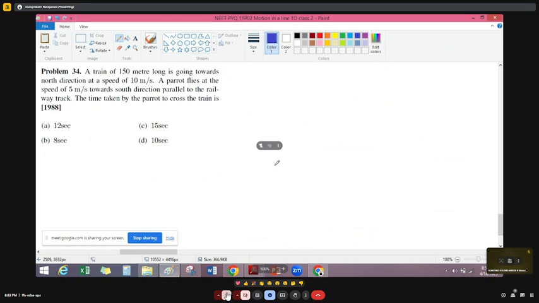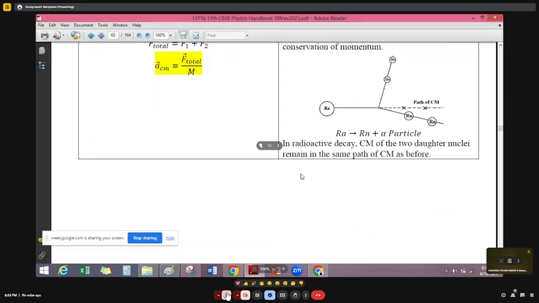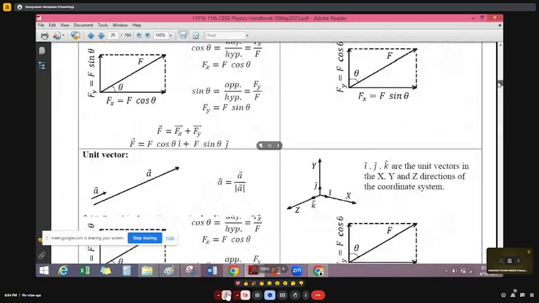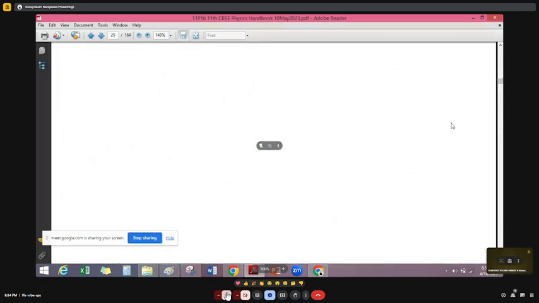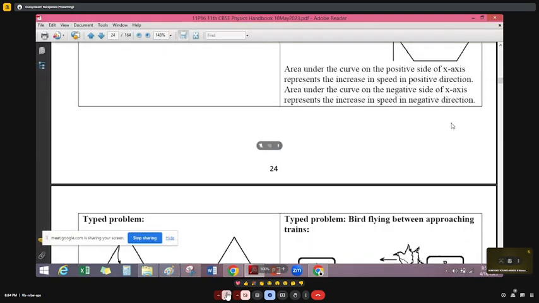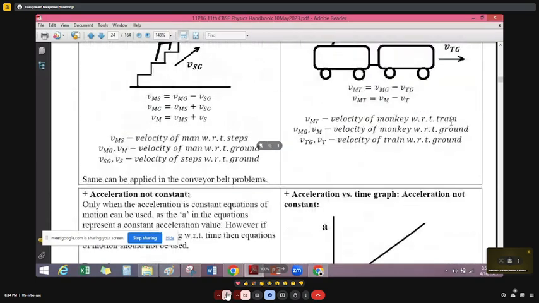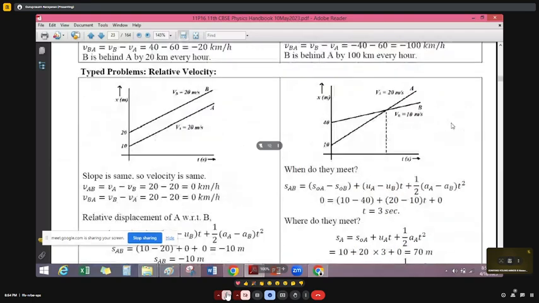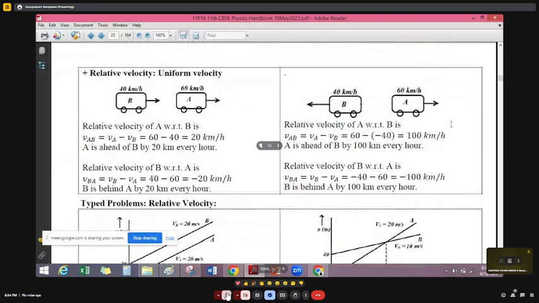So before going into the problem, I would say relative velocity, I have given in the handbook. Now you are going in a car at 60 km/h, your friend is coming in another car at 40 km/h.